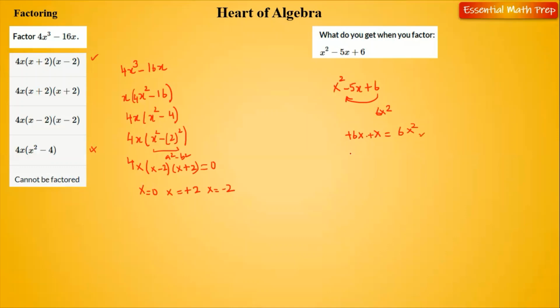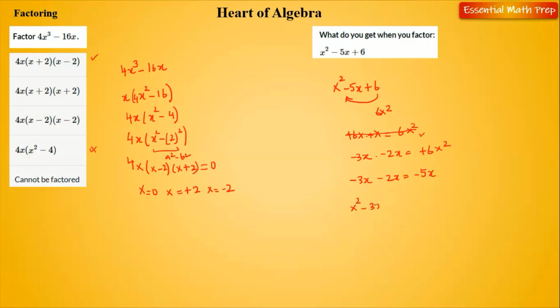So this is where you have to go to the next possible option of figuring out how else I am going to get 6x squared. That would be from negative 3x times negative 2x, which gives you plus 6x squared. At the same time, if you add two negatives, you retain the negative, so you get negative 5x. So I substitute negative 3x minus 2x for the negative 5x.